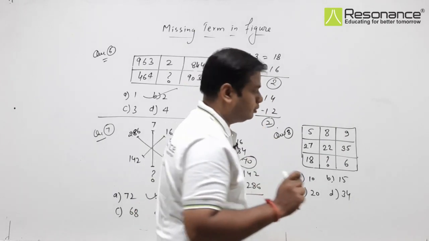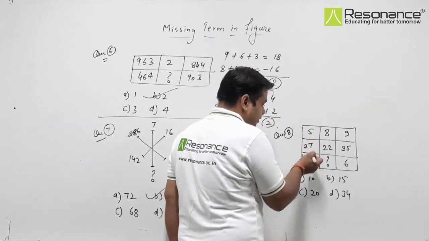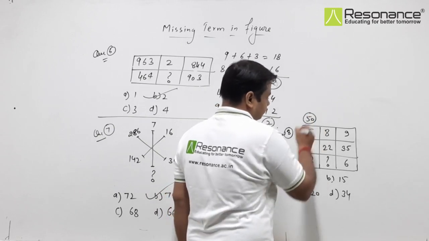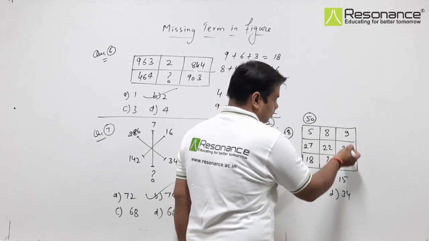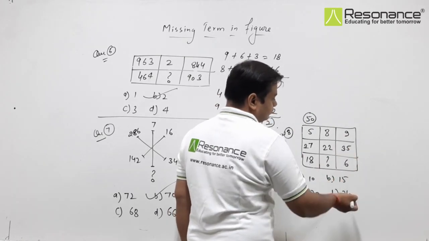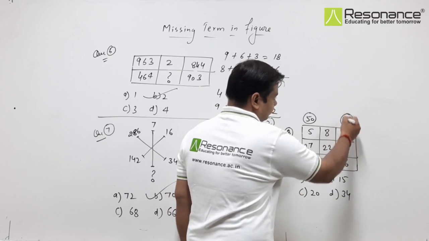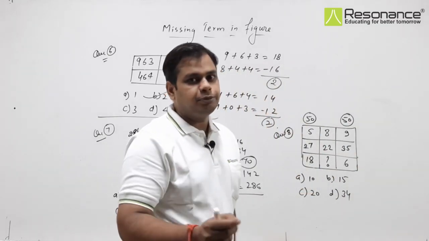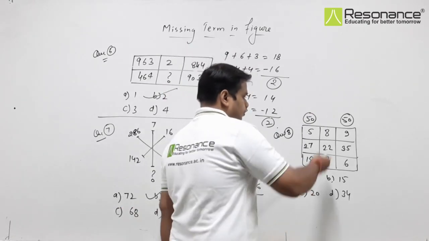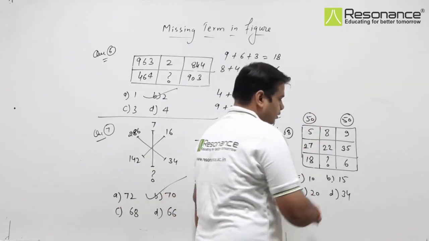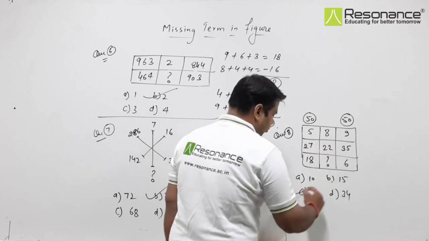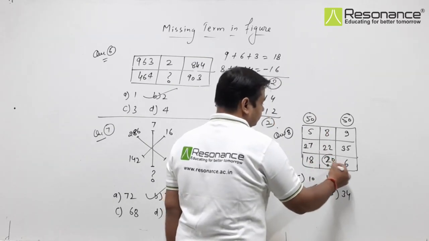This is also a logic. 5 plus 27 plus 18 is equal to 50. 9 plus 6 plus 35 is also 50. That means the sum of numbers column-wise is 50. So the sum of this column is also 50. 22 plus 8 is already 30. We need 20 more. So 20 is the correct answer.